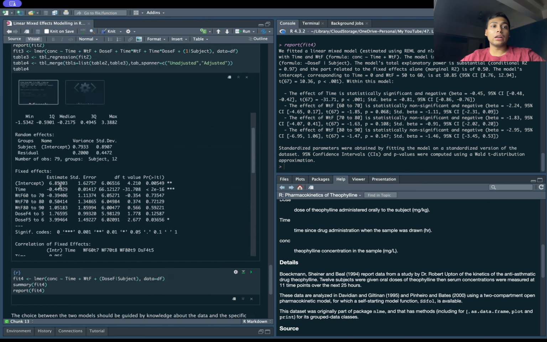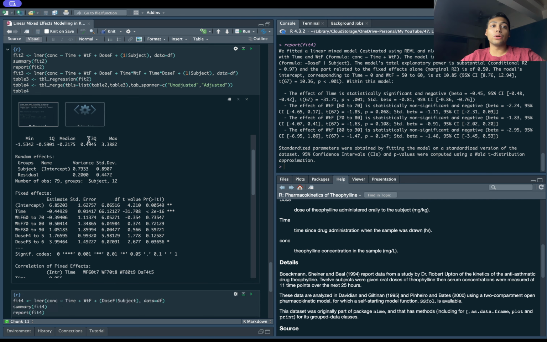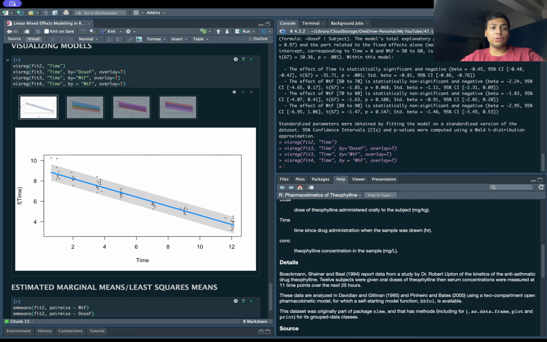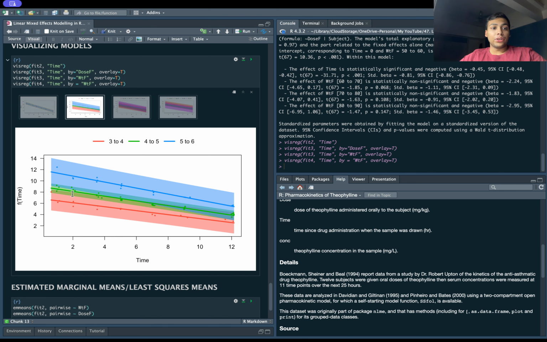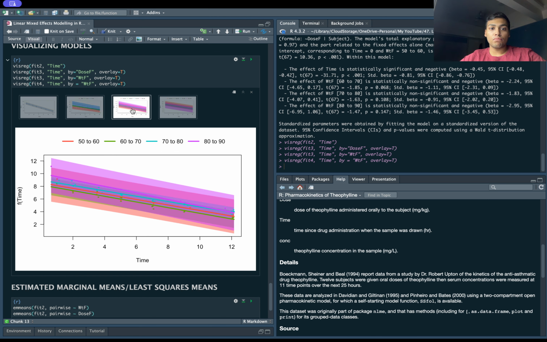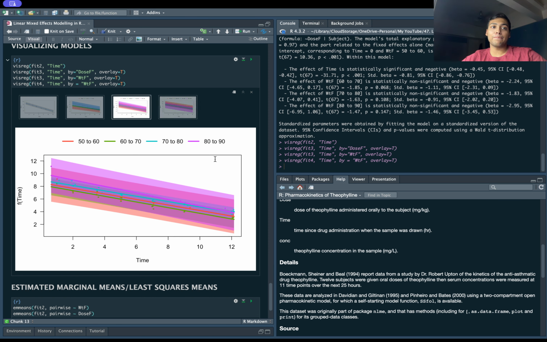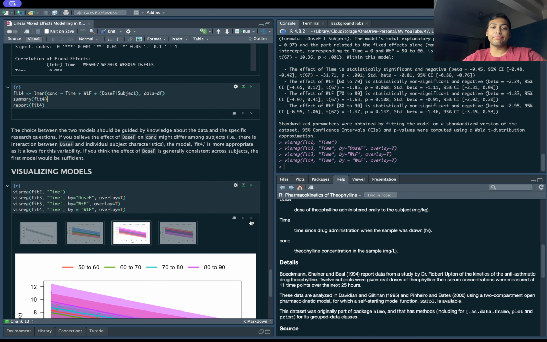Just plug in the object that you have used to store your mixed effects models and run this code, and you get a nice regression model. So as a function of time basically is the concentration, and you can see that the blue and the red line are converging. That's what we saw, but there's no effect of patient body weight. All these lines are pretty straight to me, and this is just to show the highly complex model, this one, the nested model.